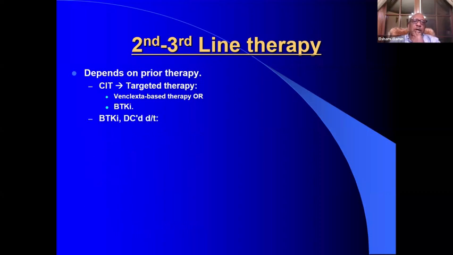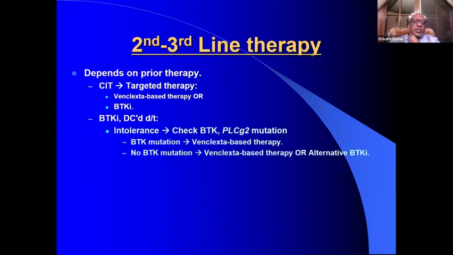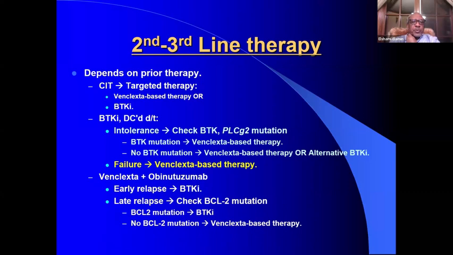If treated with BTKI or discontinued due to intolerance, then you check the BTK and PLCG gene mutation. Failure of BTKI, use Venclexta. If the patient has been treated with Venclexta and obinutuzumab, like our patient, then it depends on whether the relapse is late. Our relapse is late, so you check BCL2; he is negative for BCL2 and positive for BTK, so the option is BTKI.